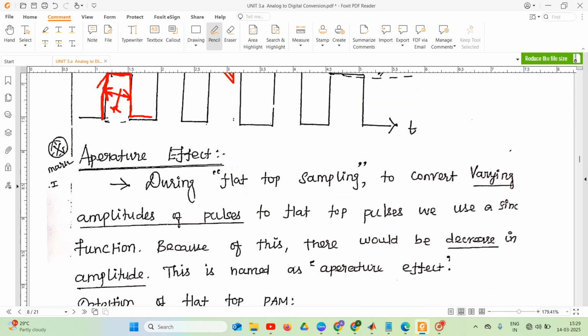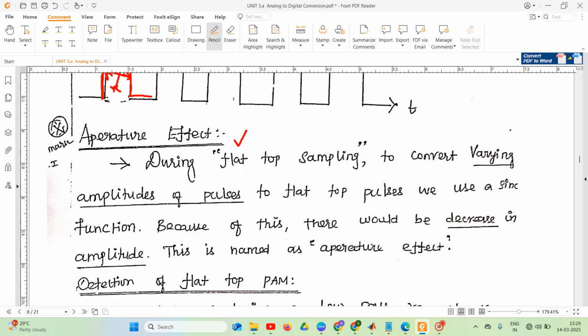So we will discuss what is aperture effect. You will get for 2 marks, define aperture effect. So usually in the flat top sampling, right? To convert varying amplitude of pulses, right? So actually the aperture effect occurs during the flat top sampling, right?